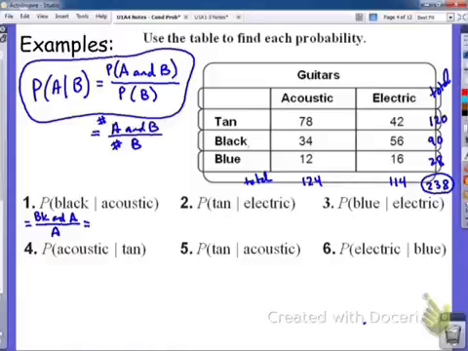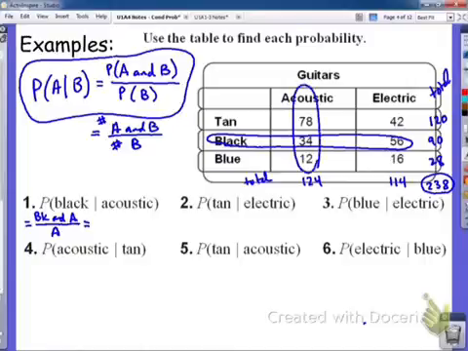So you've got this row here, or that column. Now, how many guitars are both black and acoustic? 34. How many guitars are acoustic? 124.